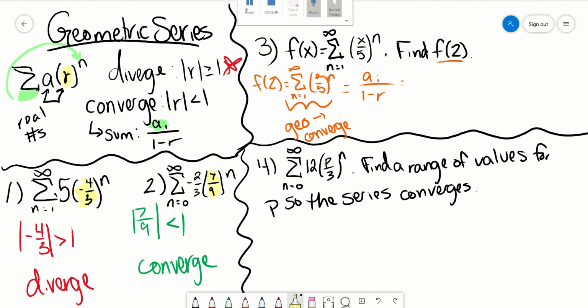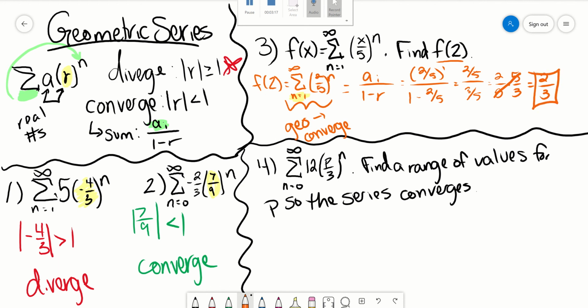So for a sub i, we look at this number down here. That number is 1, so we'll plug it in. We get 2/5 to the 1 over 1 minus r, where r is 2/5. So you end up with 2/5 over 3/5. When you have a fraction over a fraction, you leave the top one and multiply by the reciprocal of the bottom. 5 over 5 simplifies to 1, so our answer comes out to 2/3.